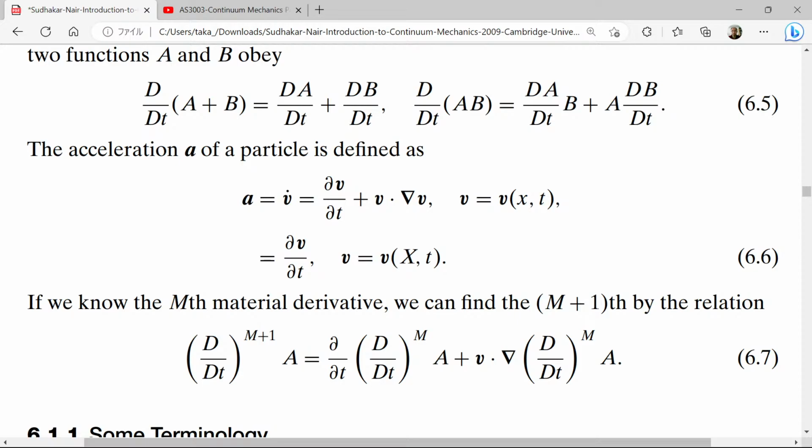If we know the mth material derivative, we can find the m plus 1th by the relation.